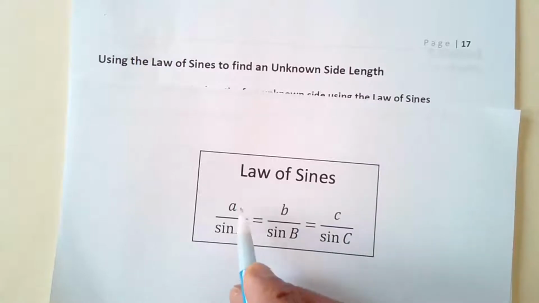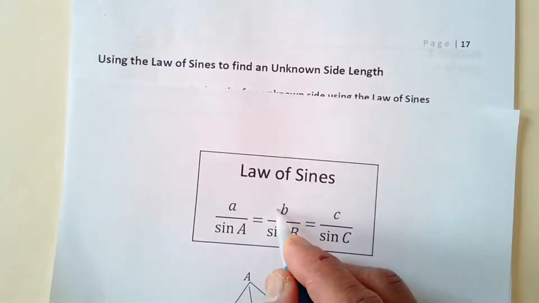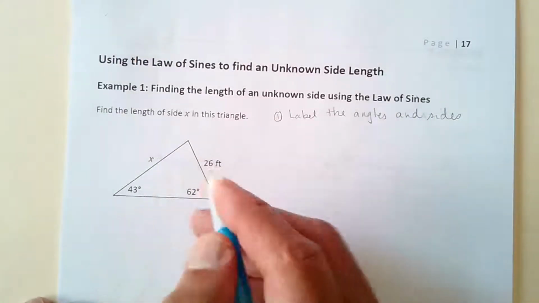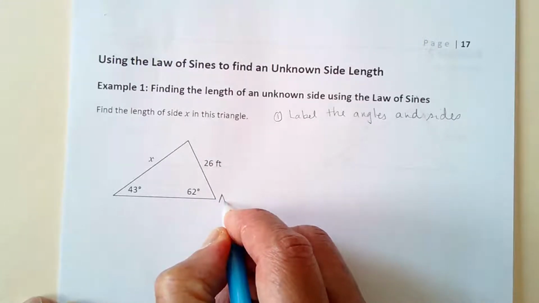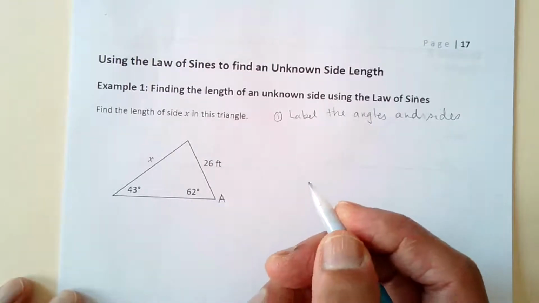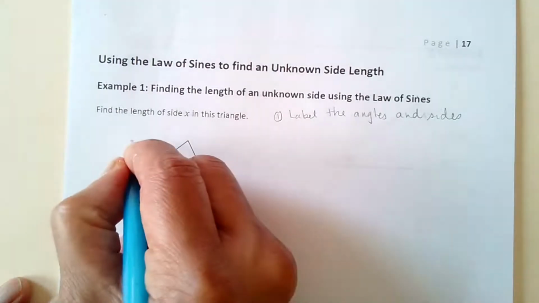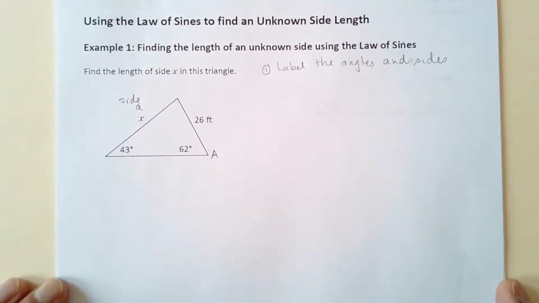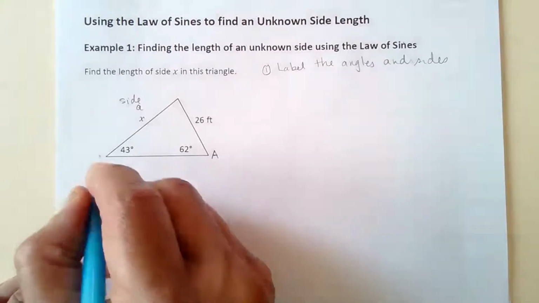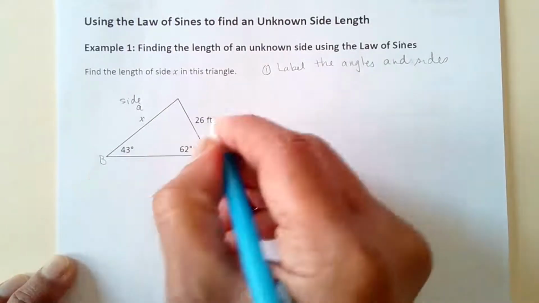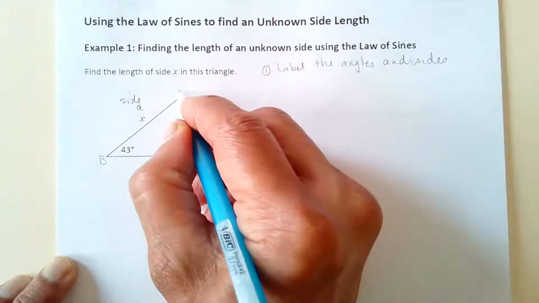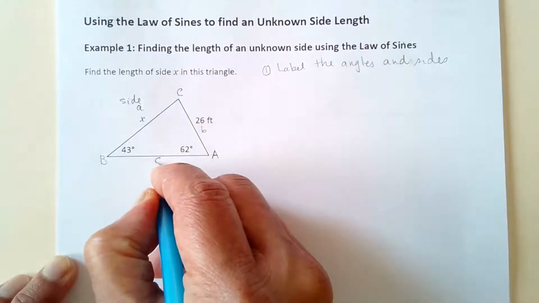In this case, we need to find the side, so we'll use side a over sine A, side b over sine B. I need to find this side here, so I'll label this as a. This will be angle B, side b. Now we can complete the labeling. This will be side c, small c.